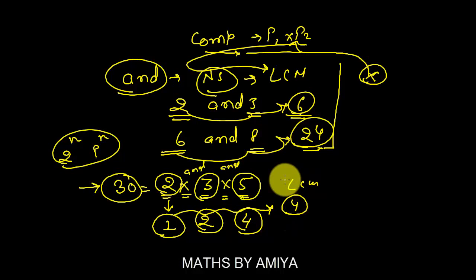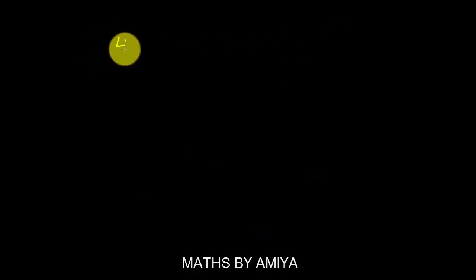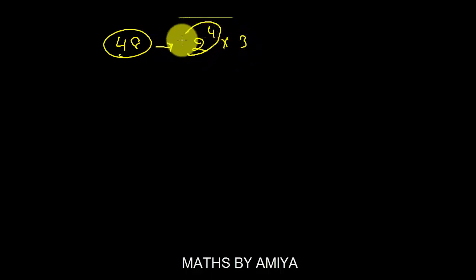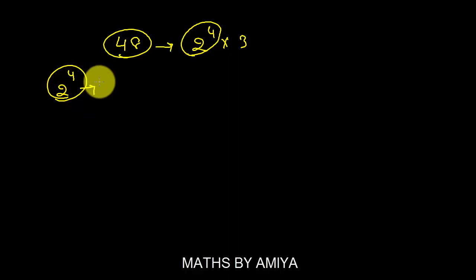Take another example. If someone asks what is the cyclicity of 48 in terms of remainder, first of all we factorize: 16 into 3. For 16, we said 2 raised to power n, the cyclicity is 2 raised to power n minus 2, that is 2 squared, which is 4. The cyclicity of 2 raised to power 4 is 4.